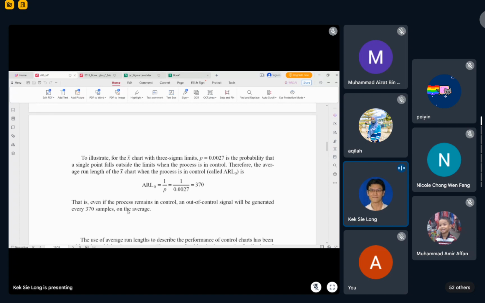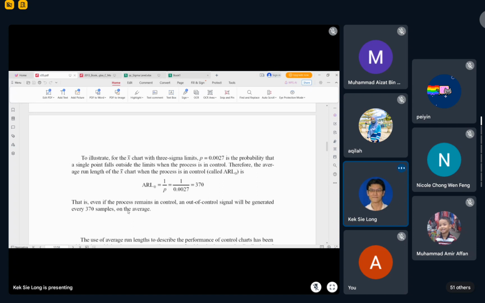It tells us that on average we have to collect 370 samples to get one out of control signal. But this is a possibility. Maybe you collect until 300 and already get one, or maybe only until 50.